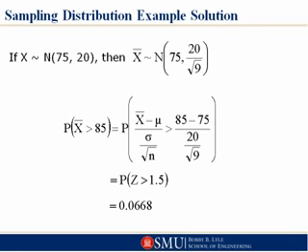We find that would be the same as the probability that Z is greater than 1.5, and therefore it's 0.0668 that we would draw a sample that would have a mean above 85.